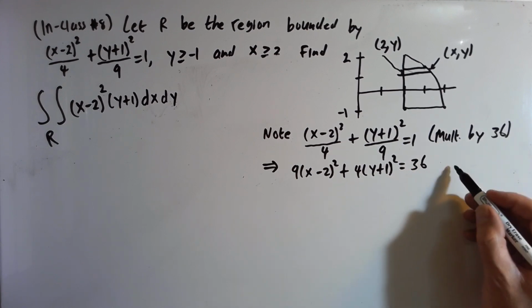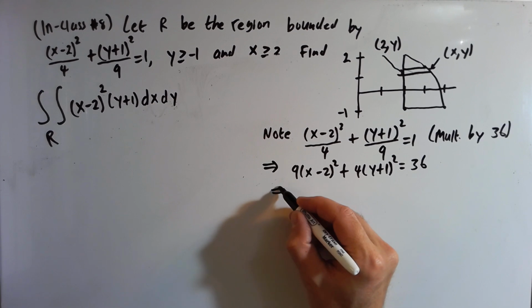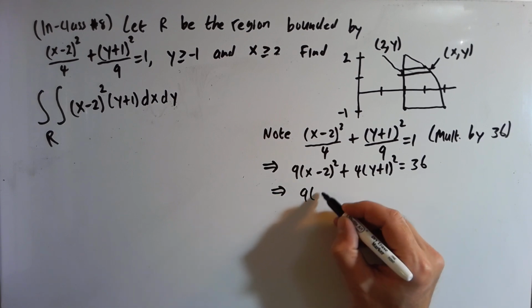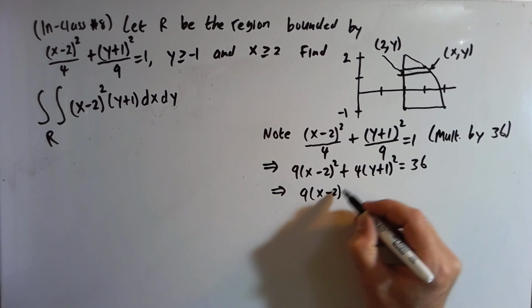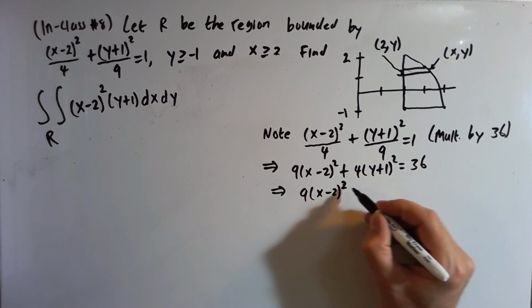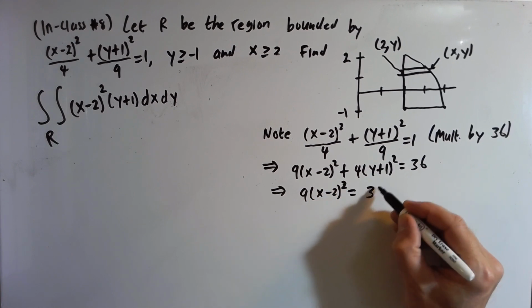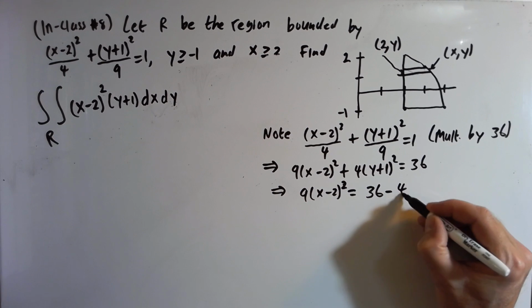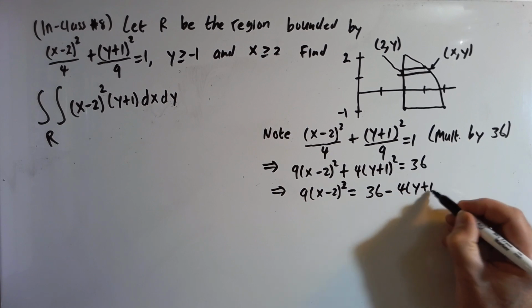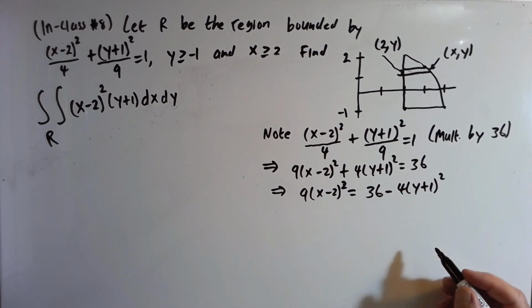Then we'll move this over, so 9(x minus 2) squared equals 36 minus 4(y plus 1) squared.